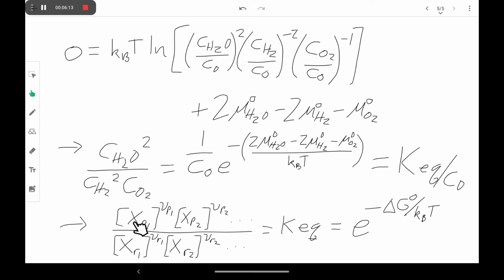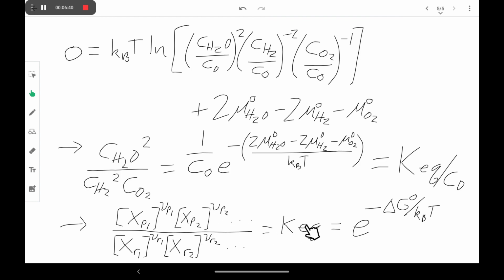This would be one product, product 1, raised to the value of nu, the Greek letter nu, which is the number of times it appears in the chemical equation. So for 2H2O, we have a 2 there. We do that with all the products and divide by the same thing for all the reactants.